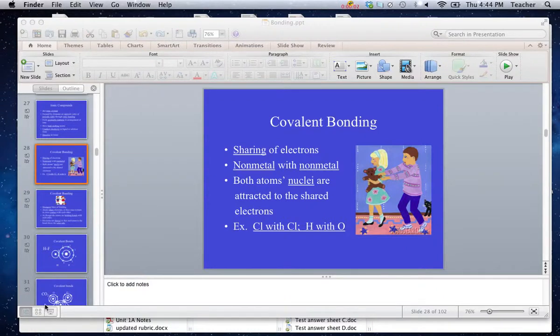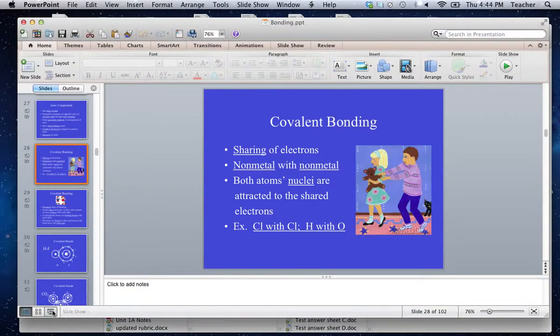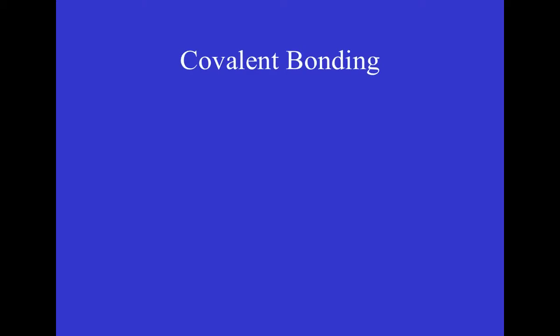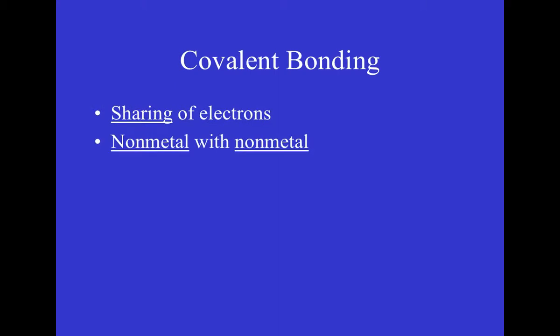Now that we have talked about ionic bonding and metallic bonding, we can talk about the third type of bonding, which is covalent bonding. Ionic bonding, remember, was a transfer of electrons, while covalent bonding is a sharing of electrons. Covalent bonding involves a nonmetal sharing its electrons with another nonmetal.